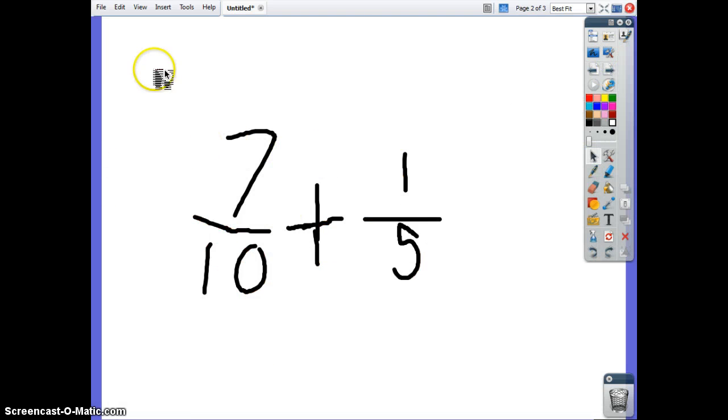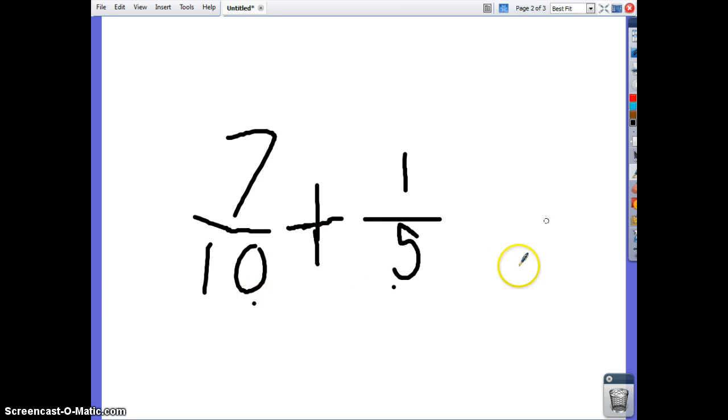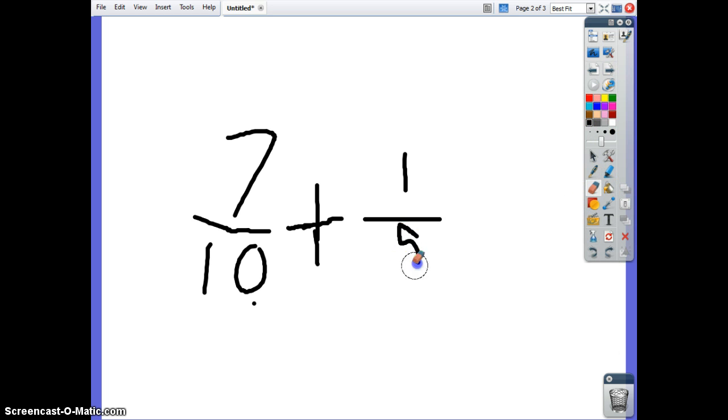So first we shall add 7/10 and 1/5. Now, you may be asking, how do you do this? Well, first thing we need to do is make the denominators, this and this, the same. Now, 5 times 2 equals 10. So I'm going to take this out and do it 10.